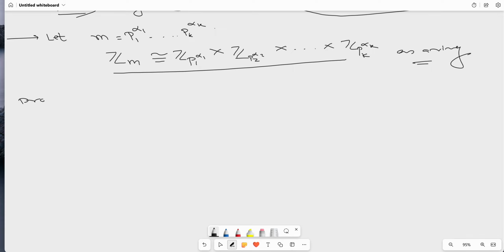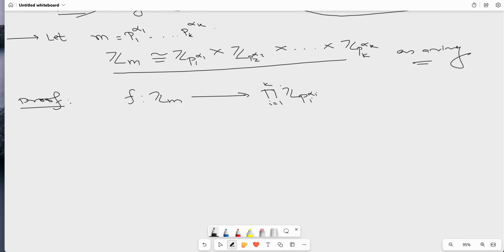Proof. How will you prove it? f is a map from Z of m to the product of Z(pi to the power alpha i), i from 1 to k.